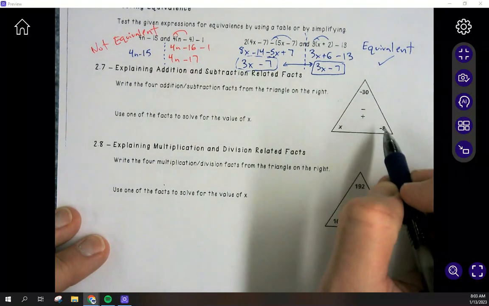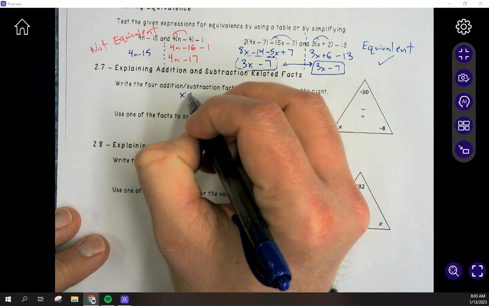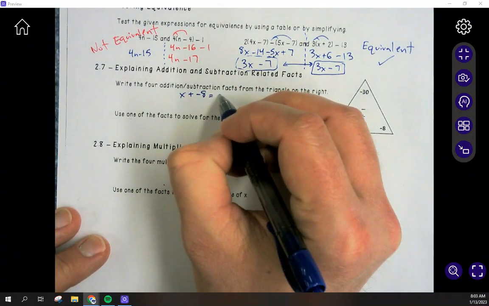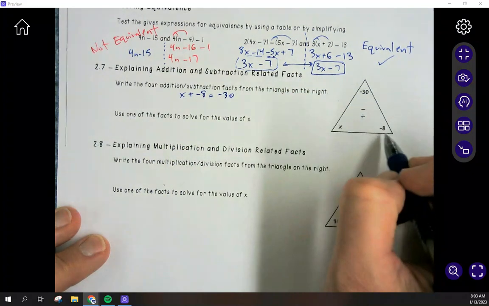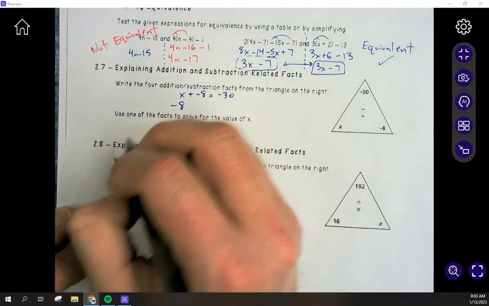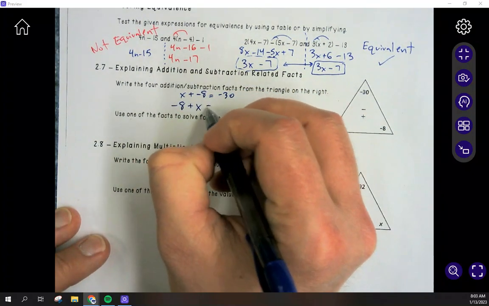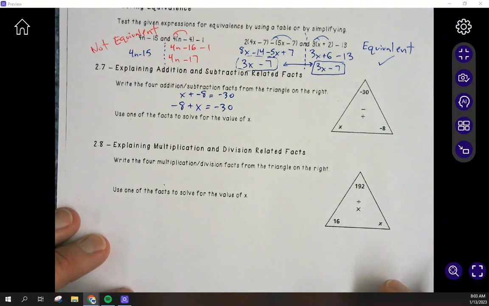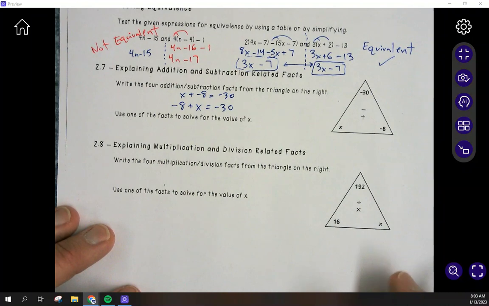Okay, so let's go across this way. That says x plus negative 8 equals negative 30. Go the other way. Negative 8 plus x equals negative 30. Now we know how to solve those, but neither one of those is really set up nicely for us.